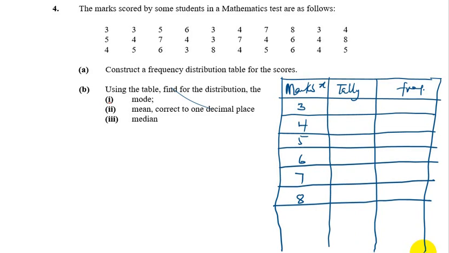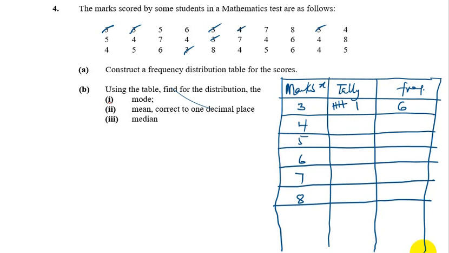Now for 3, we can see that we have 1, 2, 3, 4, 5, 6 of them. And I write it here, 6. I hope it's clear. Now let's come to 4.